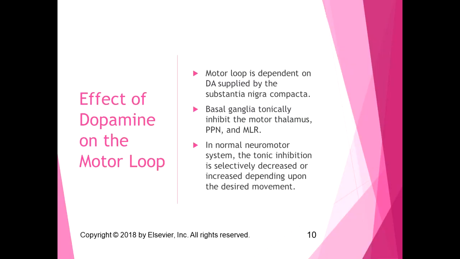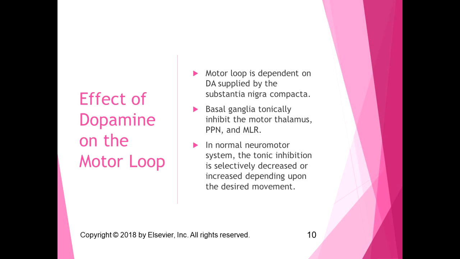So the motor loop is dependent on dopamine, which is supplied by the substantia nigra pars compacta. So the basal ganglia inhibit the motor thalamus and a couple other nuclei. So in a normal neuromotor system, the inhibition is decreased or increased depending on the desired movement.